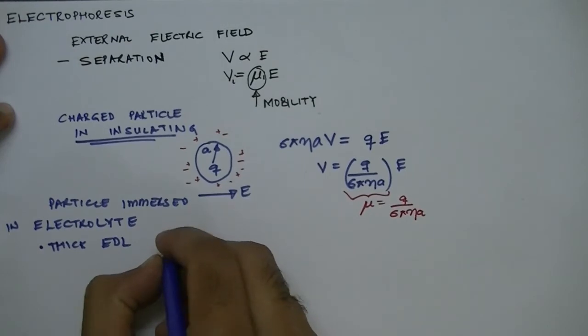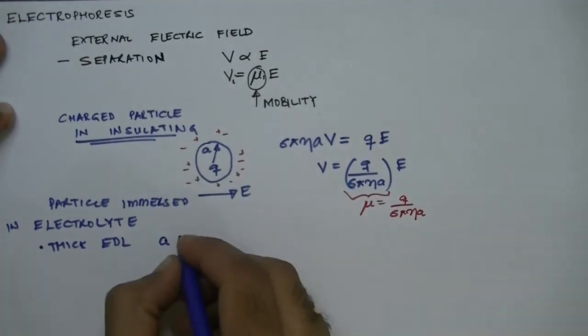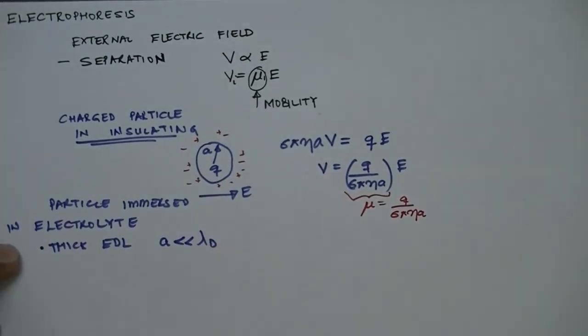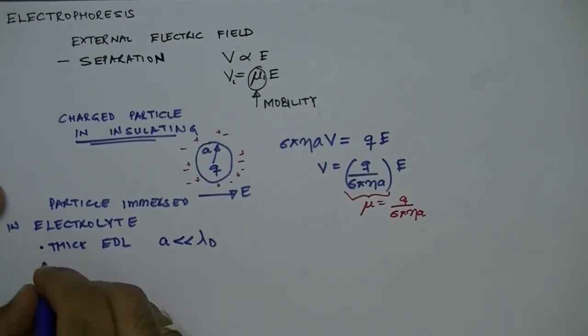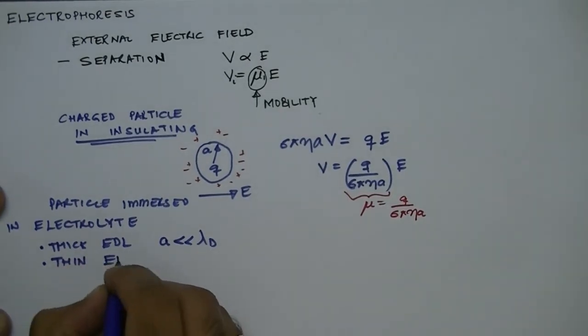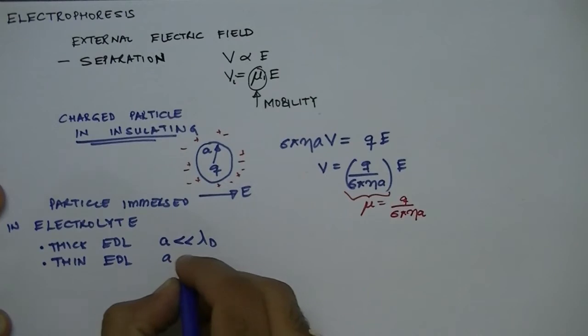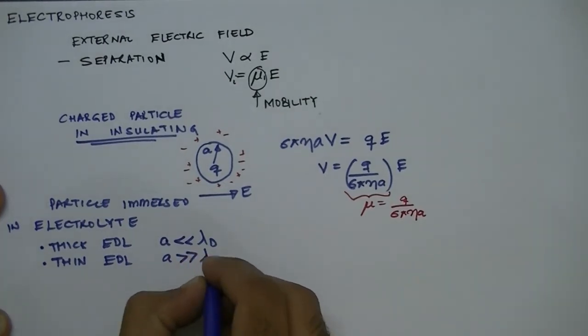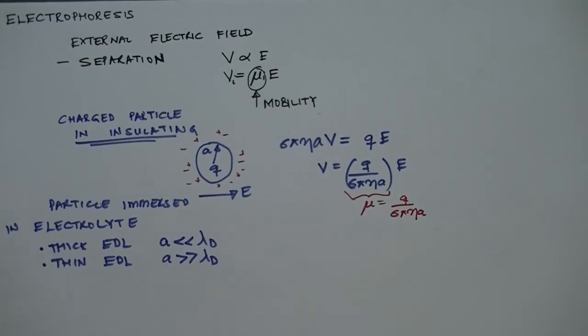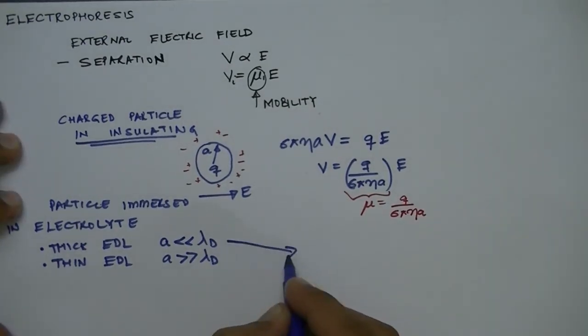That means your particle size is significantly smaller than the double layer thickness or the Debye length, that is lambda D. And the next case we look at is thin EDL, where the particle size is significantly larger than the Debye length, or the Debye length is significantly smaller than the particle radius. Now let's look at this thick EDL case first.